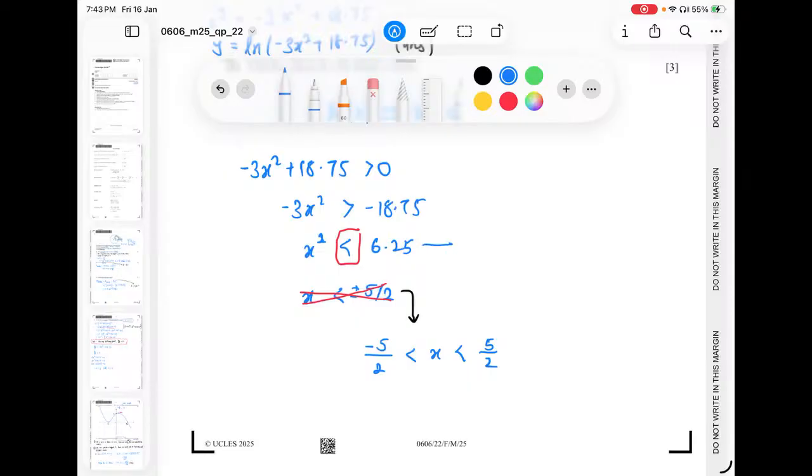So from this, what we did is we drew the x squared graph, and since it's less than this number, it should lie between the critical values.